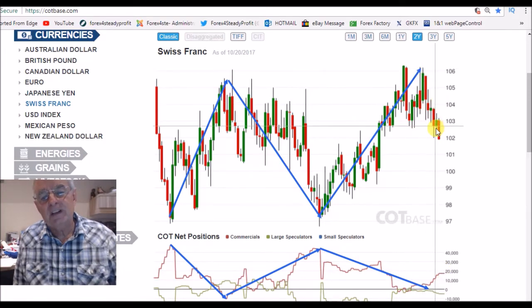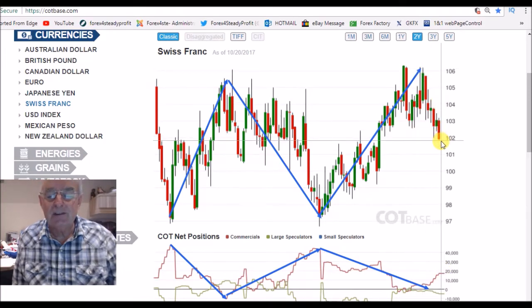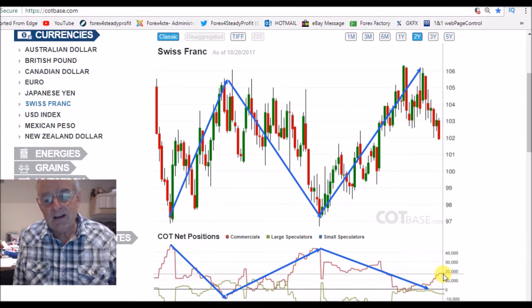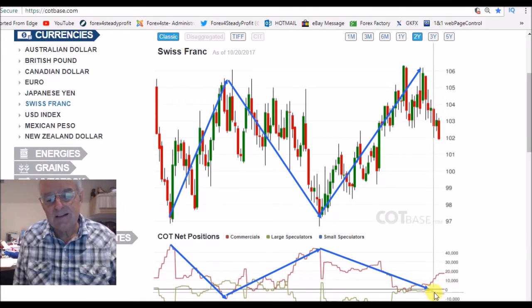So the last few weeks we've seen a fall off in the price of the Swiss franc quite steeply, and you'll notice the commercials have gone bullish on the sell-off, whereas the speculators haven't gone that bearish on it.